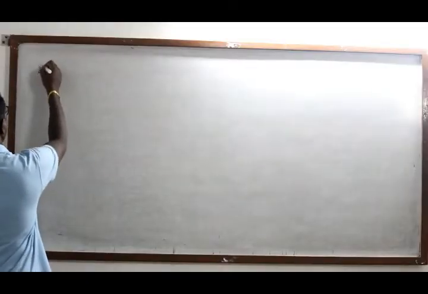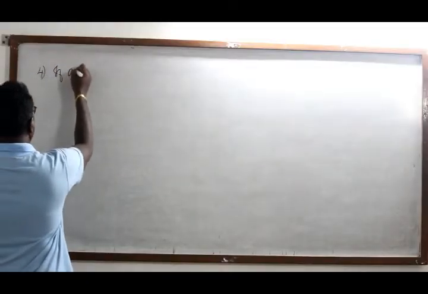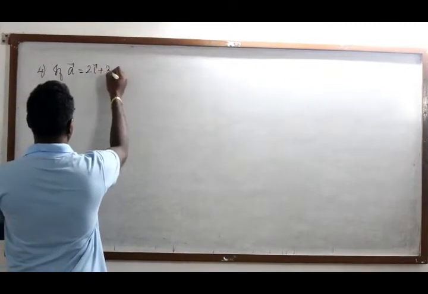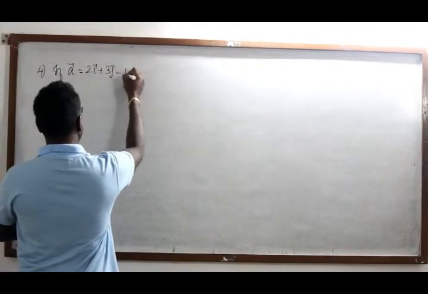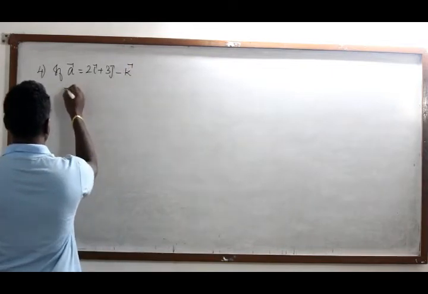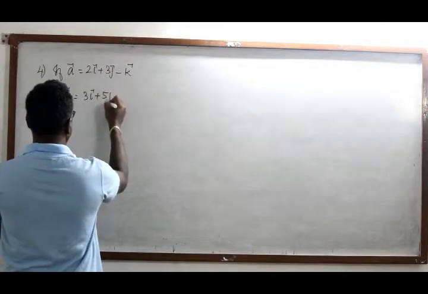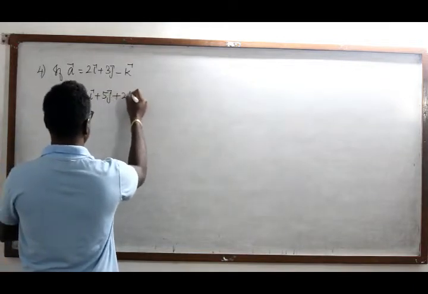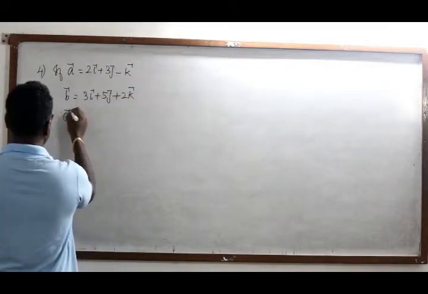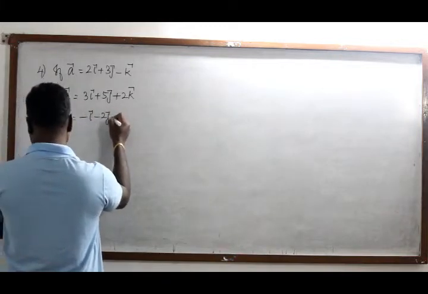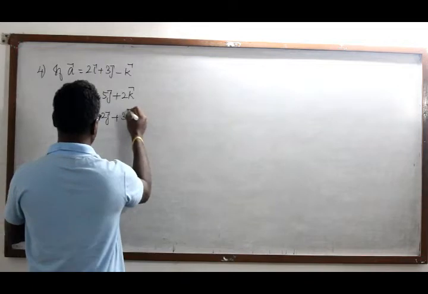Problem number 4. If A vector equal to 2i plus 3j minus k, B vector equal to 3i plus 5j plus 2k and C vector equal to minus i minus 2j plus 3k.